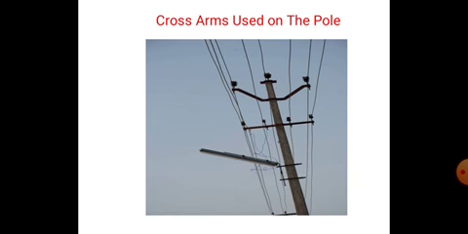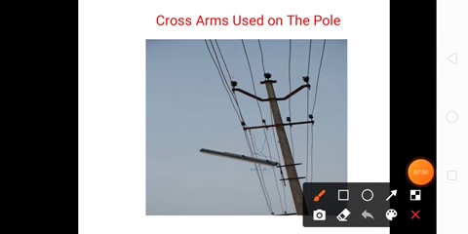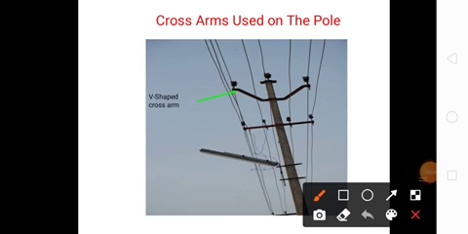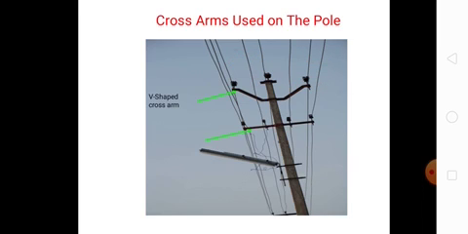These are V-shaped cross arms. Here it is a V-shaped cross arm, and here a horizontal cross arm. The spacing between the conductors should be maintained by using cross arms. Here it is a horizontal cross arm.